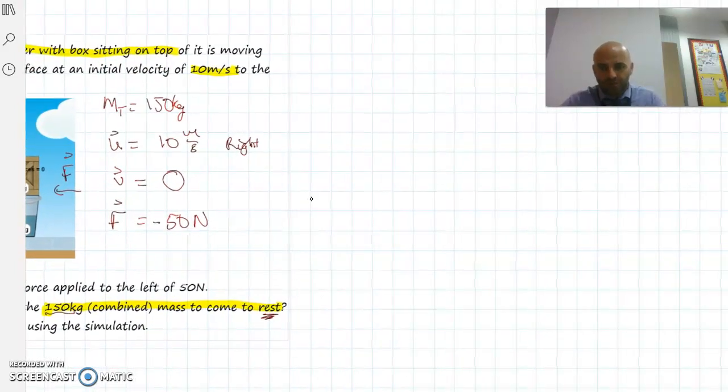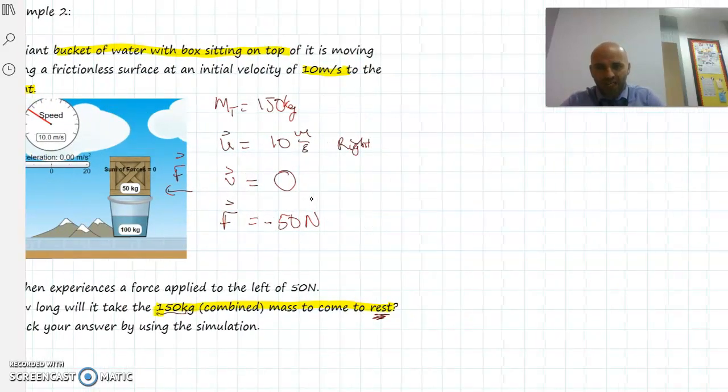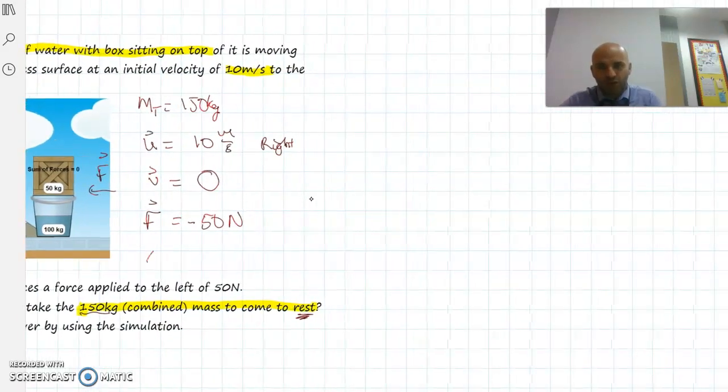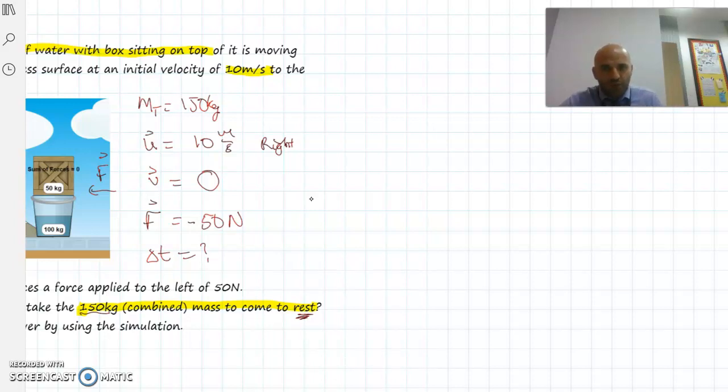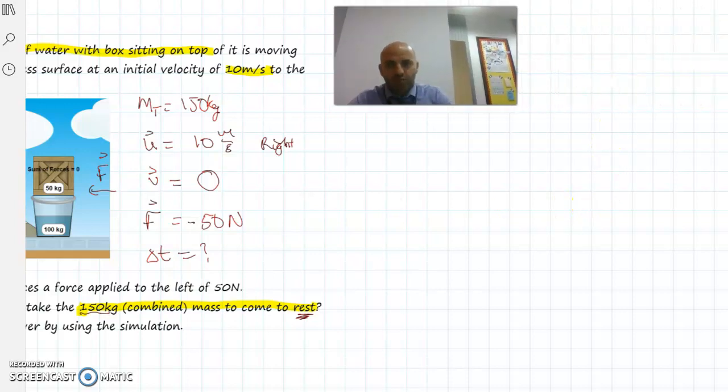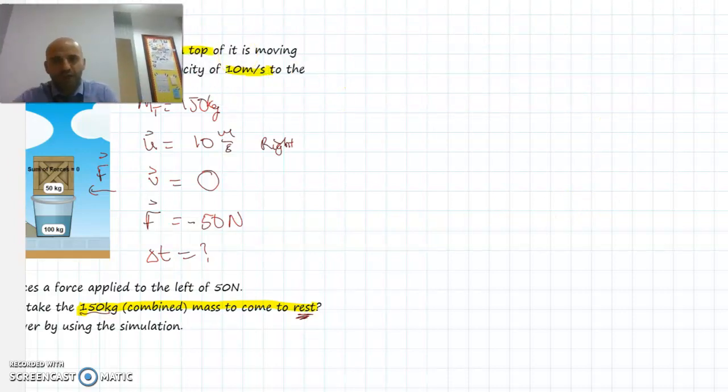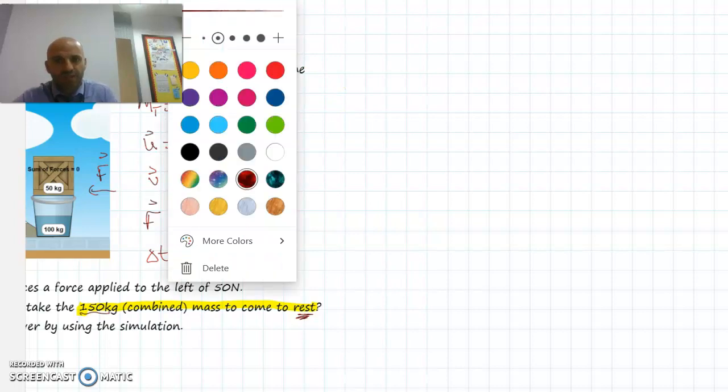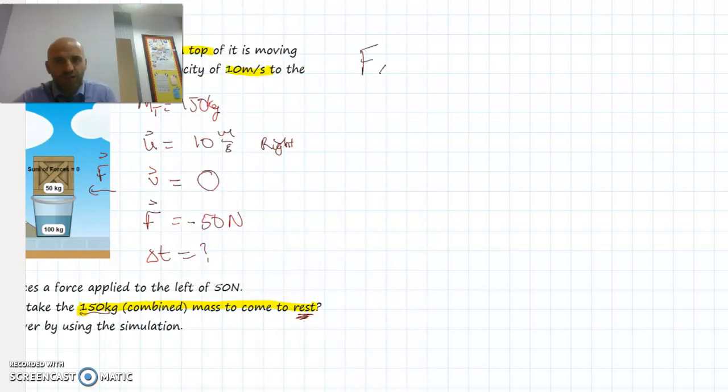So what we're trying to do is find the time that it's going to take, the change in time, or the time through which that force is exerted. We know that our force-time relationship says that force times the change in time is equal to the change in momentum for the bucket with the big block sitting on top of it.